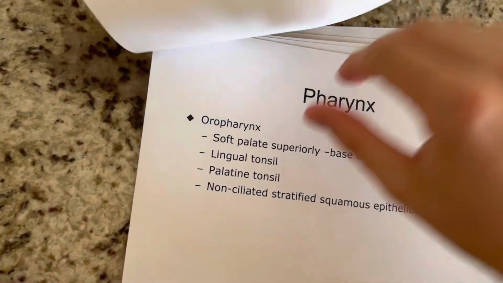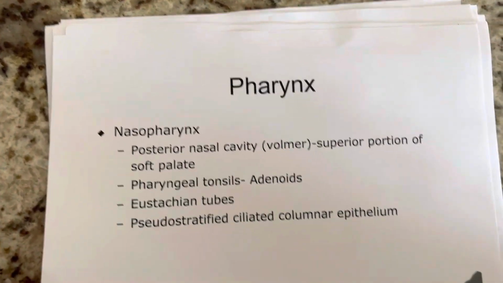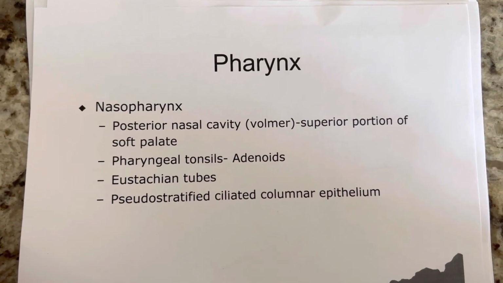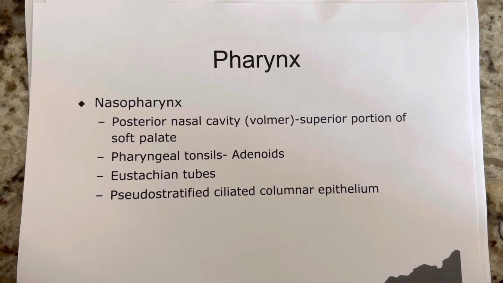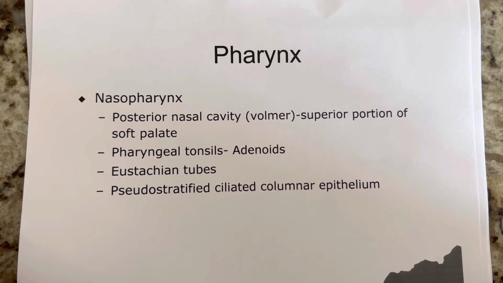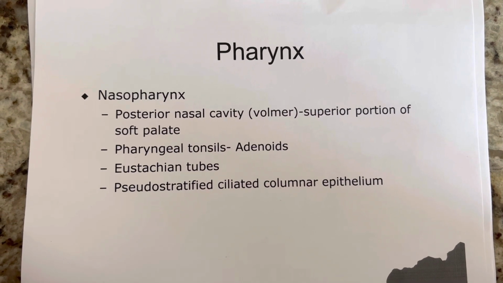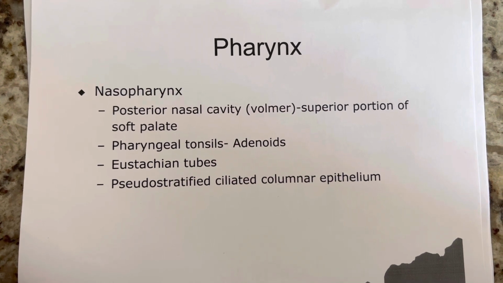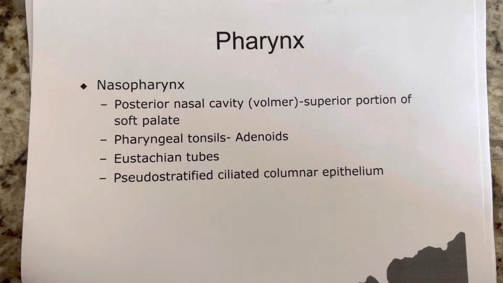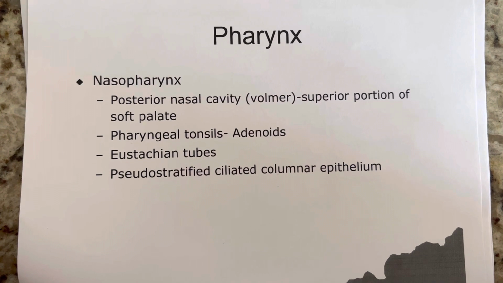Pharynx. Nasopharynx: posterior nasal cavity, vomer, superior portion of the soft plate, pharyngeal tonsil, adenoids, Eustachian tube.